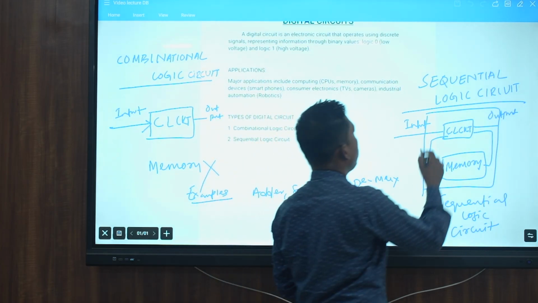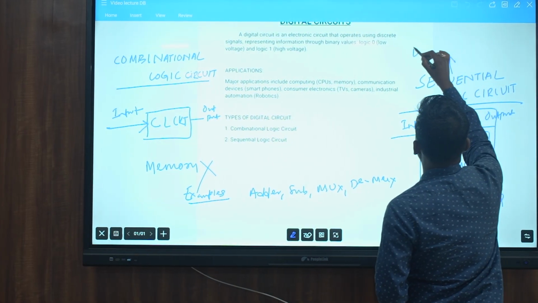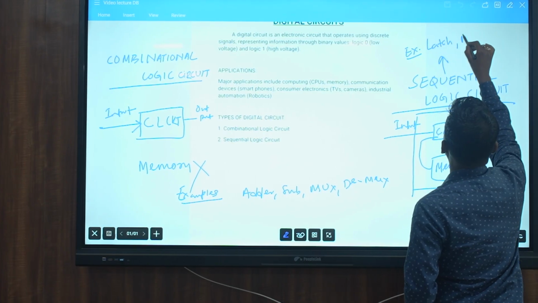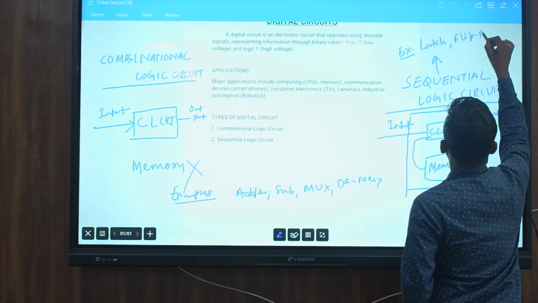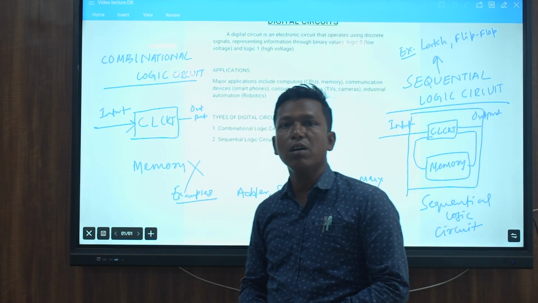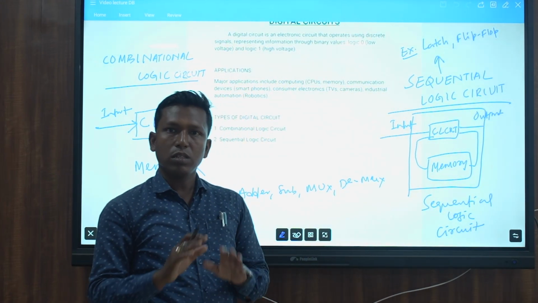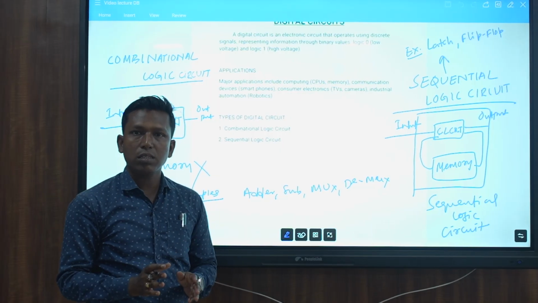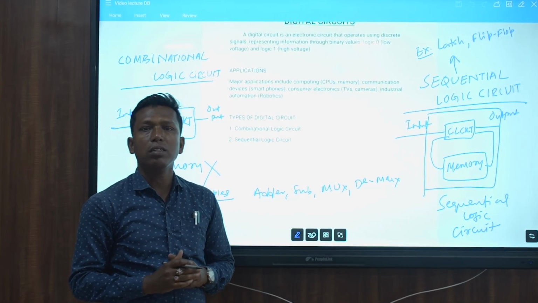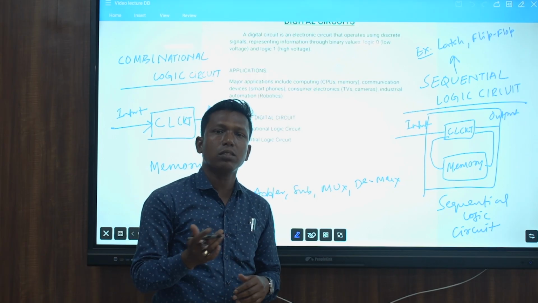If we go for sequential logic circuits, the examples are latch, flip-flop, shift register, and counter. These are the examples of sequential logic circuits. So this is the basic idea about digital circuits and the types of digital circuits, that is, combinational logic circuit and sequential logic circuit. Let us discuss in detail.